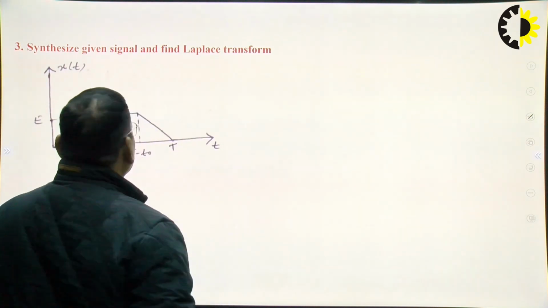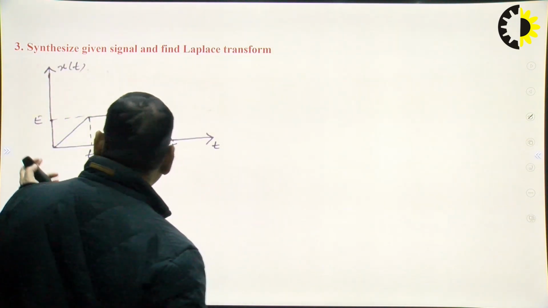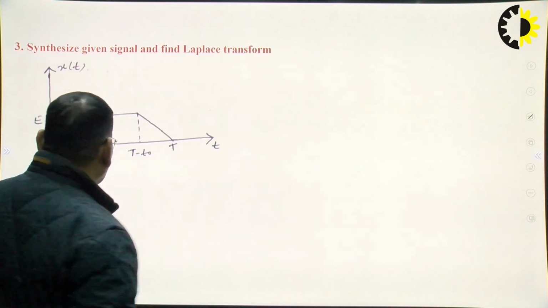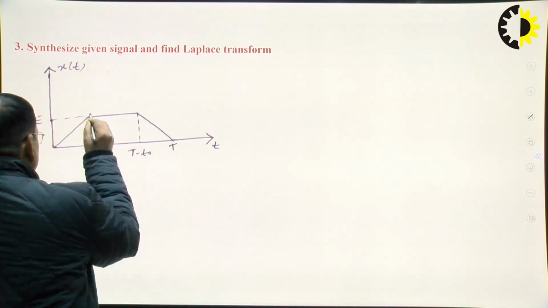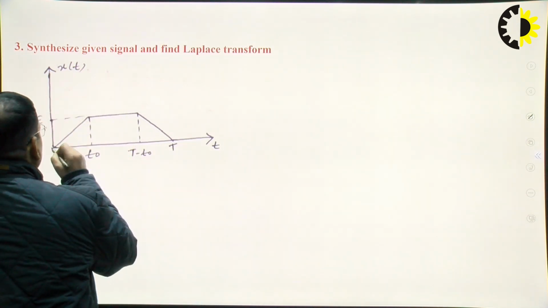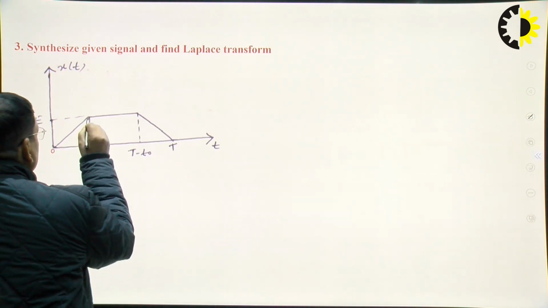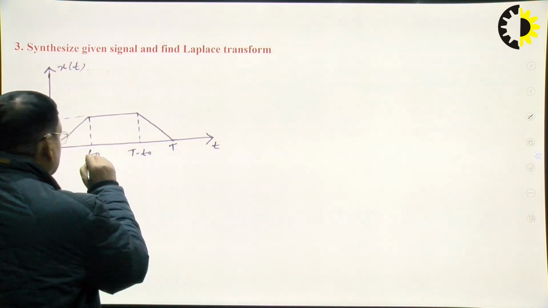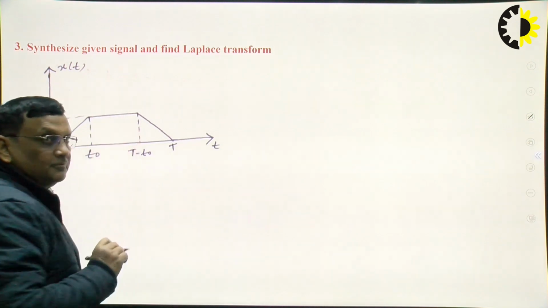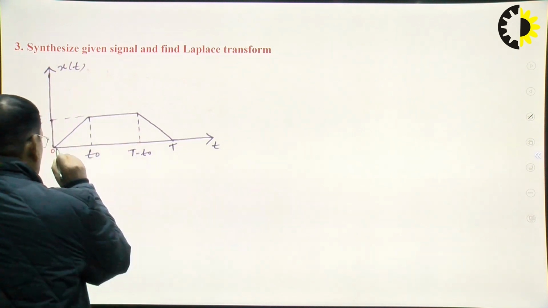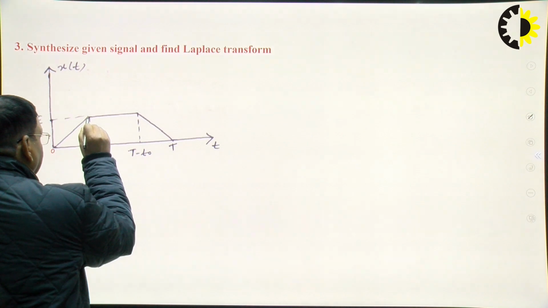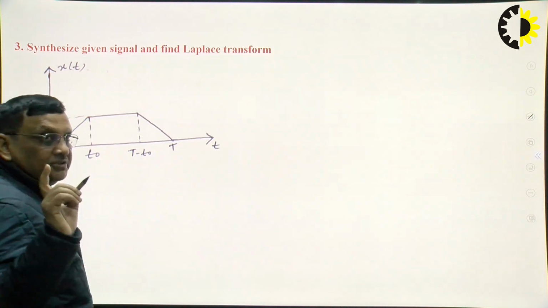Suppose this waveshape; we have to synthesize this waveform. What we can see here is a ramp starting at t equal to 0. At t equal to t0, its slope becomes 0. So we have to add a negative ramp at t equal to t0.